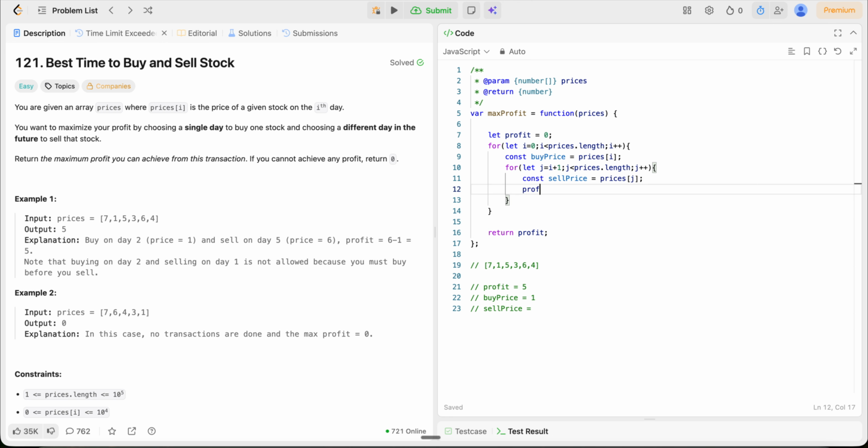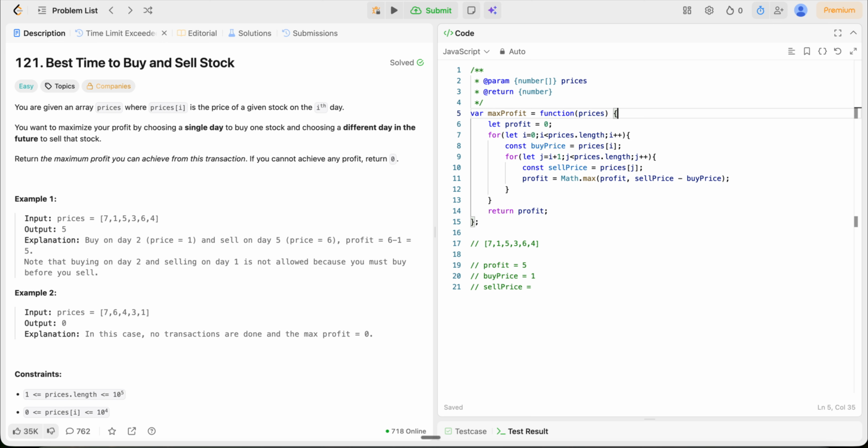Now my profit will be updated such that Math.max of profit comma sellPrice minus buyPrice, and I'll be able to return the answer. This is all we are trying to do. It's a simple solution. Now let's try to run this code.